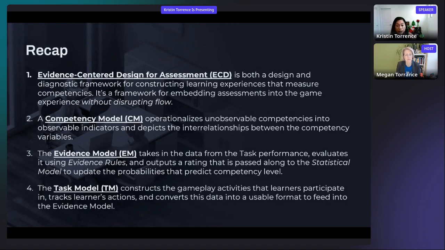A competency model operationalizes unobservable competencies into observable indicators that we can see, and also maps their interrelationships. The evidence model takes in data from the task model and evaluates it using evidence rules. It's passed along to the statistical model and updates probabilities that predict competency level of learners. And then the task model constructs the gameplay activity that learners participate in, and it tracks learners' actions and converts this data into a usable format to then feed into the evidence model.